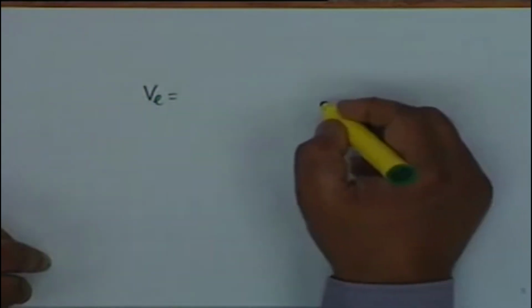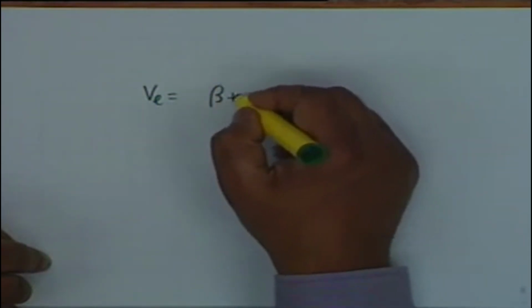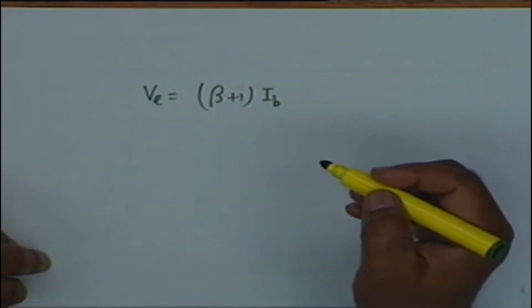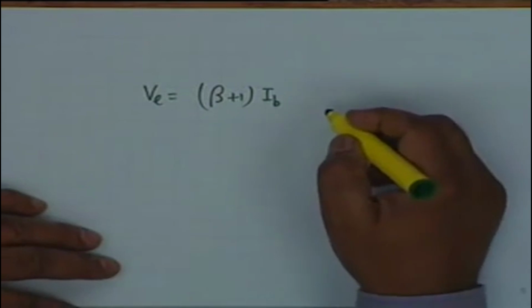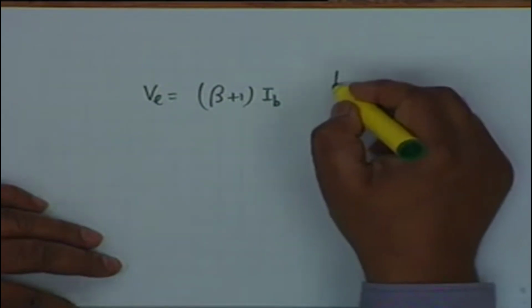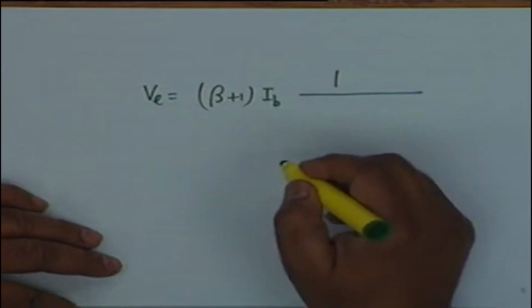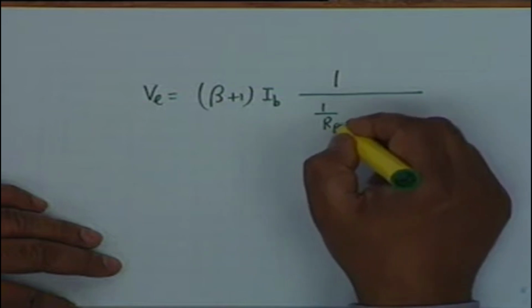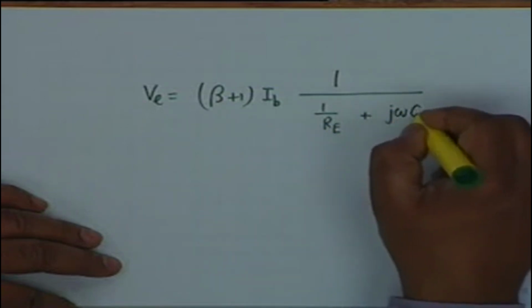V small e equals the current beta plus 1 IB multiplied by the impedance of Re and Ce in parallel, which means 1 over the sum of admittances, that is 1 over Re plus j omega Ce.